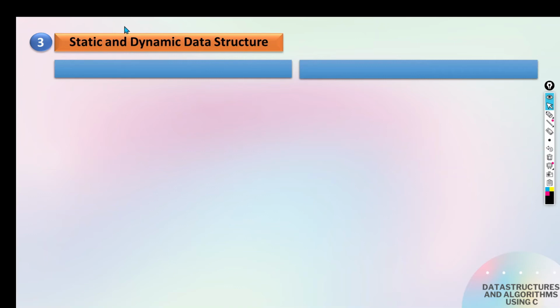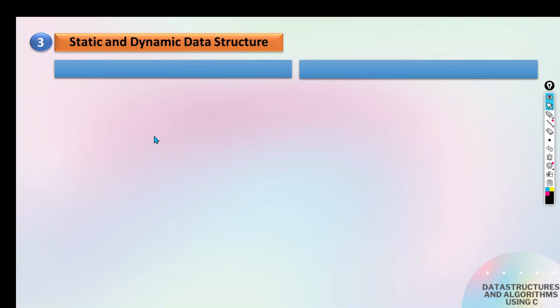Okay, now these data structures are classified on the basis of when the memory is allocated, where the memory is allocated, and how that memory gets destroyed. In simple terms, when they are born, when they die, and where they enjoy their life.